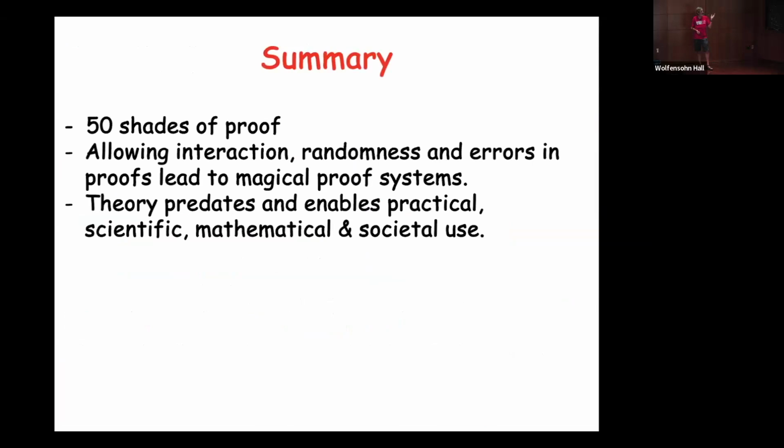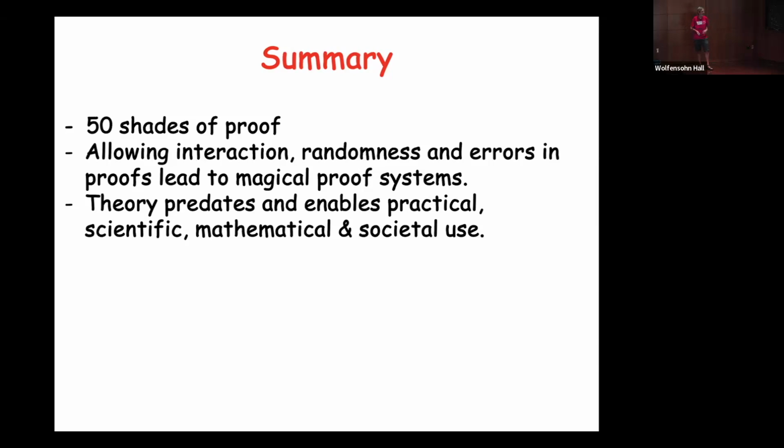We saw lots of proof systems. We saw that allowing interaction, randomness, error, quantumness can give you amazing properties. In many cases, there are all these implications to cloud computing, crypto, Bitcoin, blockchains and so on, that started before the applications existed.